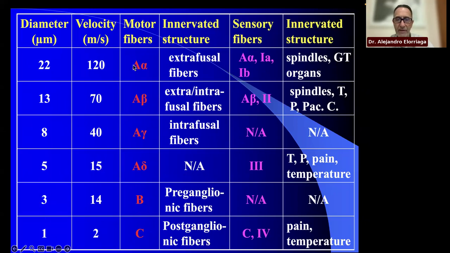When you study this, you can see that we have fibers that are 20 times faster than others. The A alpha fibers are 20 times faster than a C fiber, which is very significant. That's 2000% faster: 120 meters per second for an A alpha fiber, a normal alpha motor neuron, versus 2 meters per second.